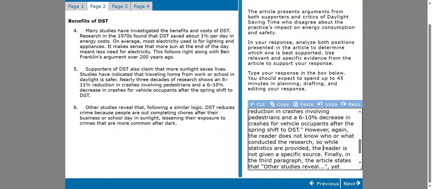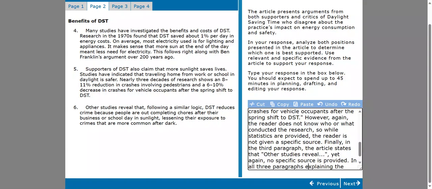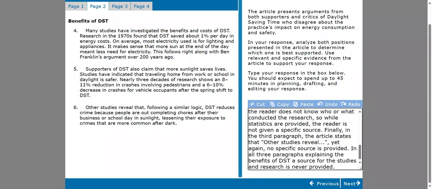So while statistics are provided, and a lengthy time frame, meaning 3 decades, the reader is not given a specific source. Finally, in the third paragraph, the article states that other studies reveal, yet again, no specific source is provided. In all 3 paragraphs explaining the benefits of DST, a source for the studies and research is never provided.